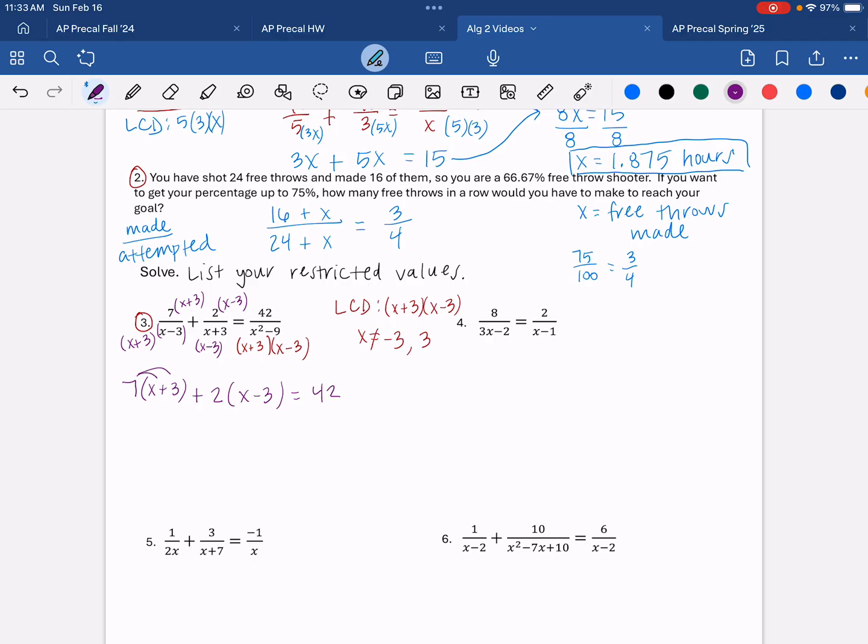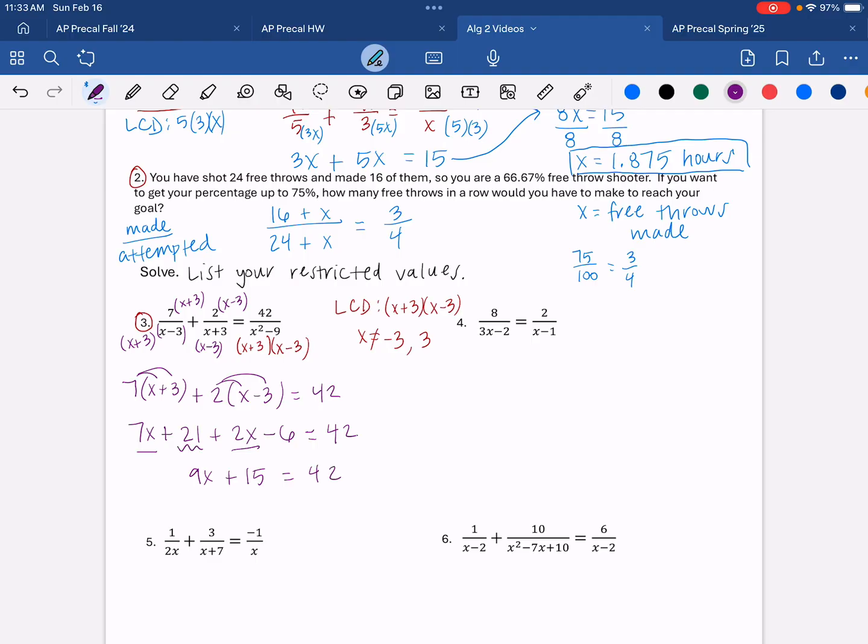All right, let's go ahead and distribute this. So we have 7x, 3 times 7 is 21, and then plus 2x minus 6. So we have a 9x on the left side, and 21 minus 6 is 15.